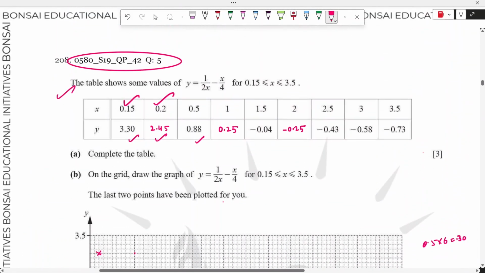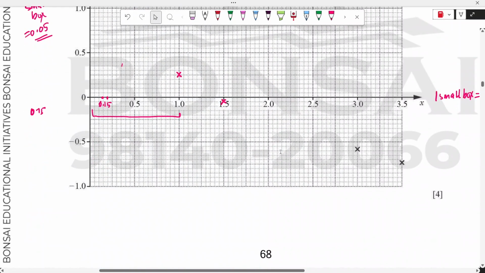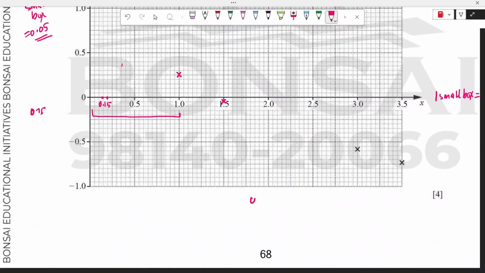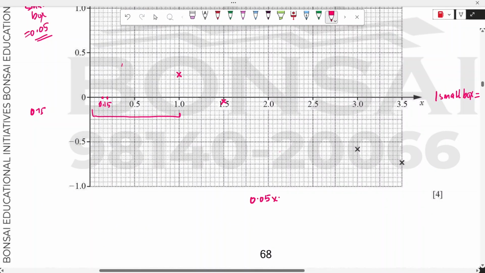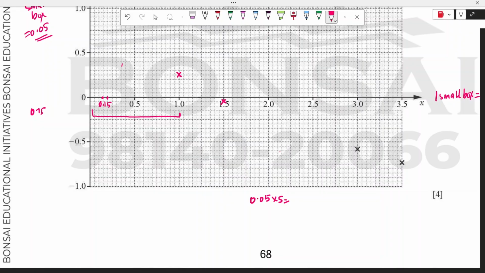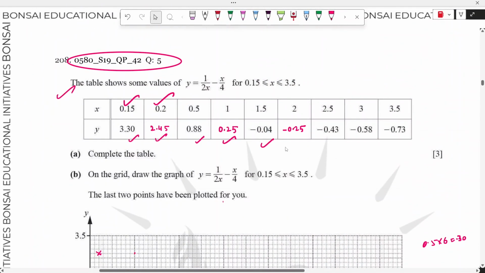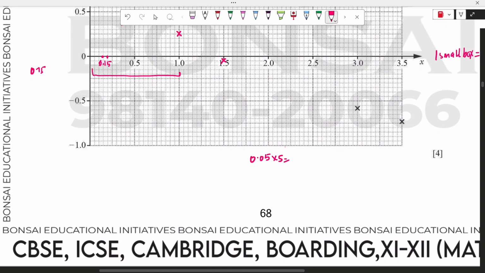Okay, this thing. Then x is 2, y is minus 0.25. Minus 0.25 because 0.05 is 1 box. If we multiply by 5, we get 0.25. So 5 boxes down. This is 2 and minus 0.25. So 1, 2, 3, 4, 5. So we get the cross here.